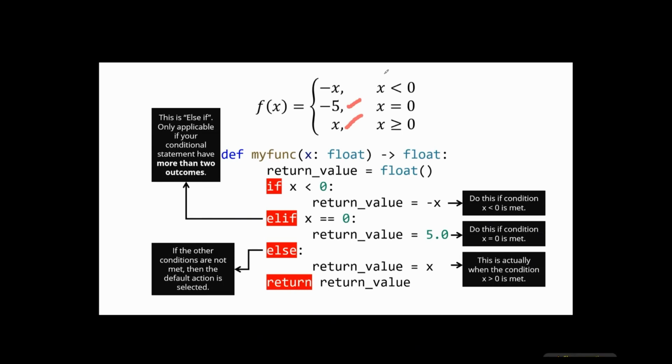For example, here I'm covering all possibilities, because x is a real value, ranging from minus infinity towards positive infinity. So here, all of my conditions will be covering the entire real axis.